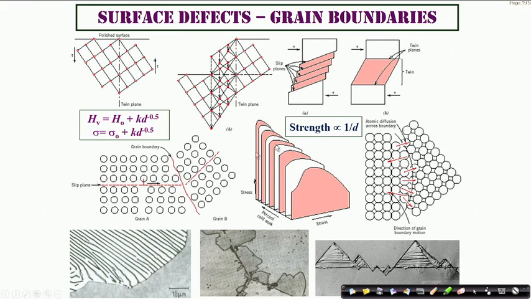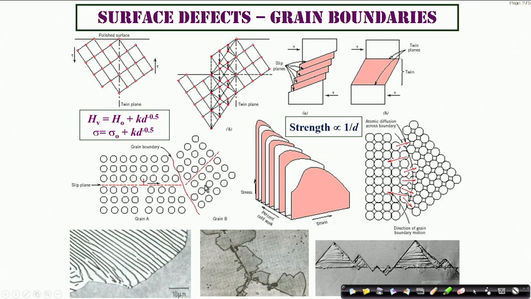For example, if you consider this to be one part of the crystal and this is another part, you clearly see that the orientation here is different from the orientation of the crystallite on the right. So this is a line which will delineate the differences in such orientation, and hence this will be called a boundary.